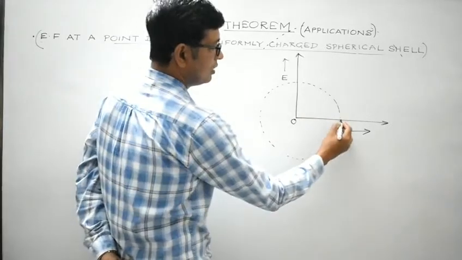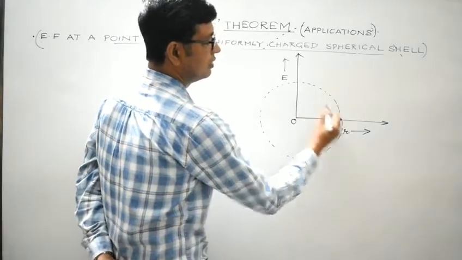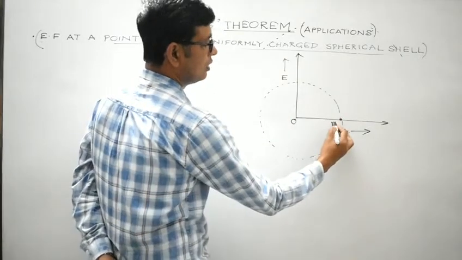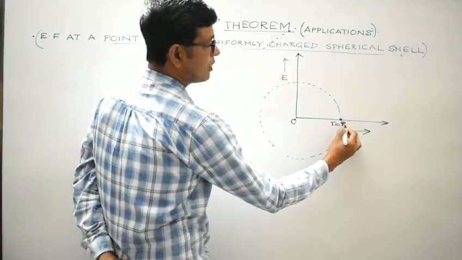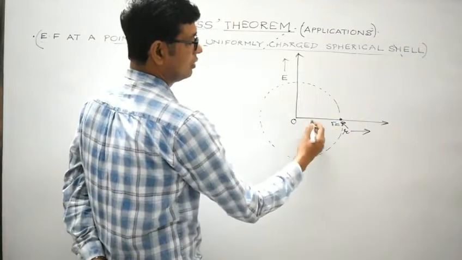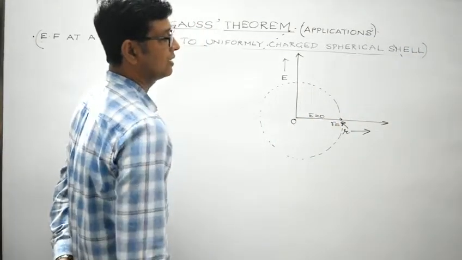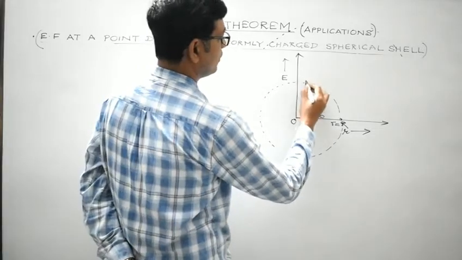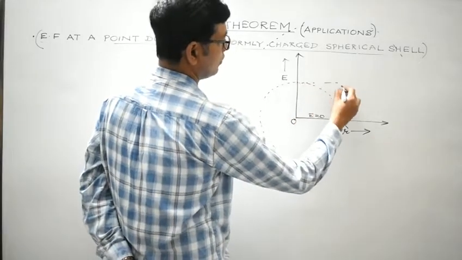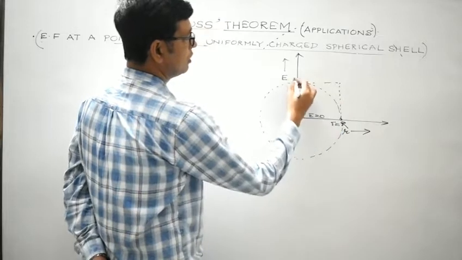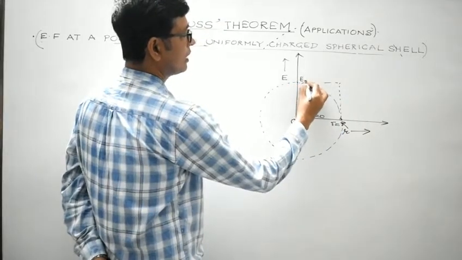So, at this point, electric field is 0. Right? Up to r equals capital R, electric field is 0. On the surface, it is maximum. So, suppose this represents the maximum value.